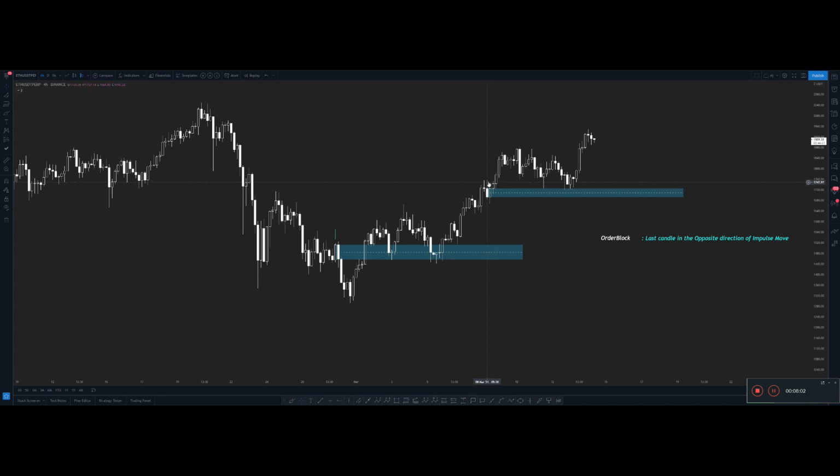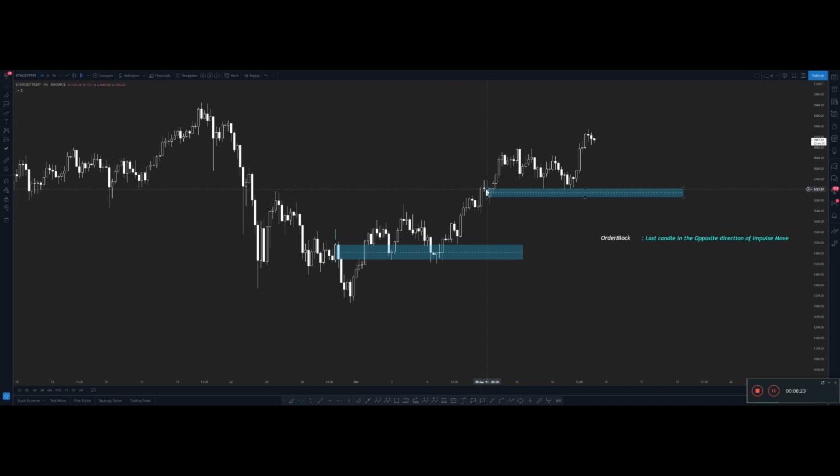I personally ignore the wicks, so I don't care about the wicks. But the bigger the body is, the stronger the order block is. For instance, you can see here, the bigger the body. So this was a very good example of an order block. You can see how big the body is. The bigger the body, the stronger the support or resistance tends to work for this order block.